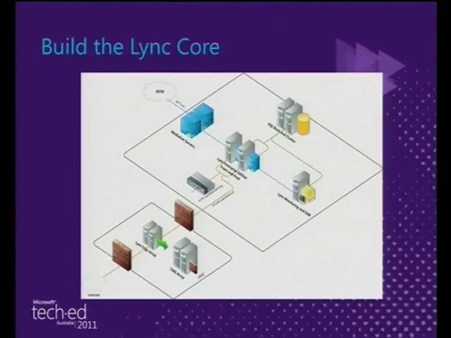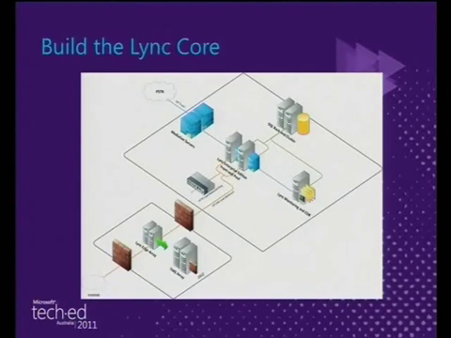Again, that design of that core is typically the same for every deployment. 2 Enterprise Edition servers provide that high availability. They can be virtualized, it's perfectly fine. Rule of thumb is 5,000 to 7,500 users per server. You need 2 for high availability, so that pool is going to easily cater for 10,000 people.